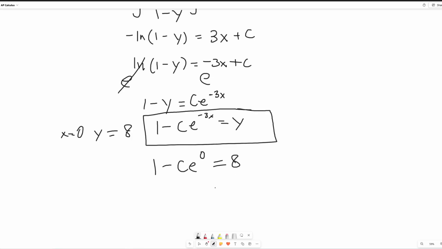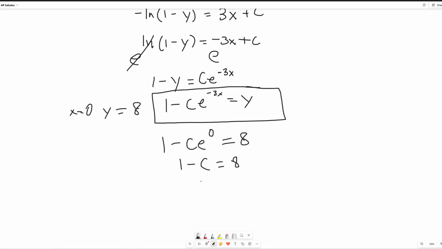E to the 0 equals 1. So in other words, 1 minus c equals 8. And then that means c equals negative 7. We've just solved for this missing constant c using the initial condition.